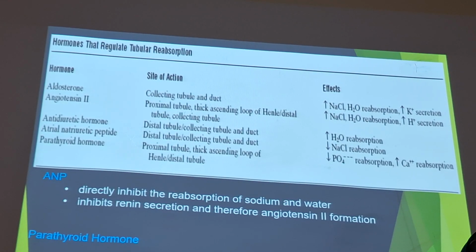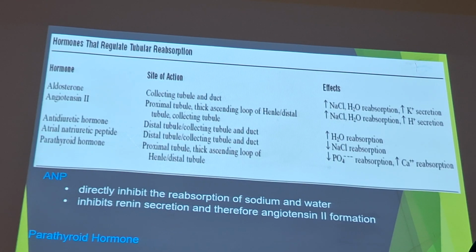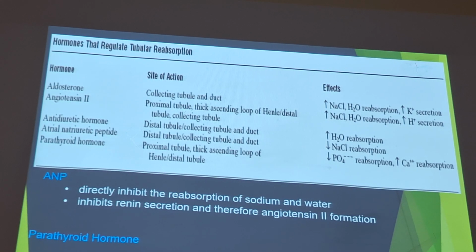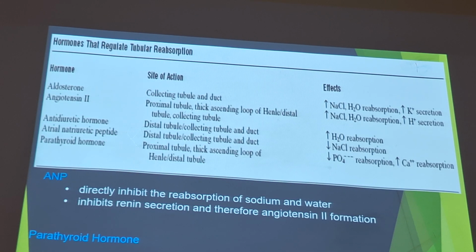The cells in the atrium begin to stretch, and this stretch causes these cells to release ANP. And what's the effect of ANP? ANP has effect on distal tubule, collecting tubule, and collecting duct. It decreases sodium chloride reabsorption.